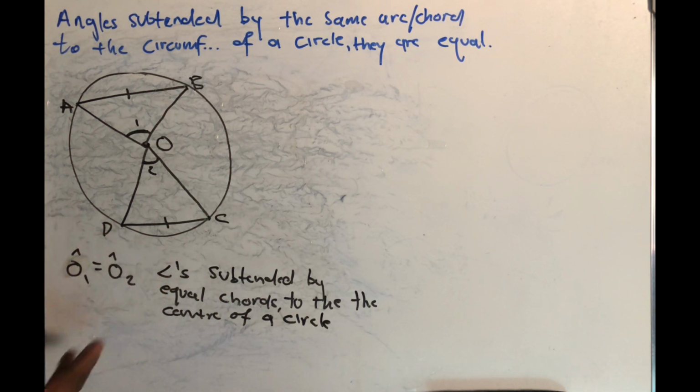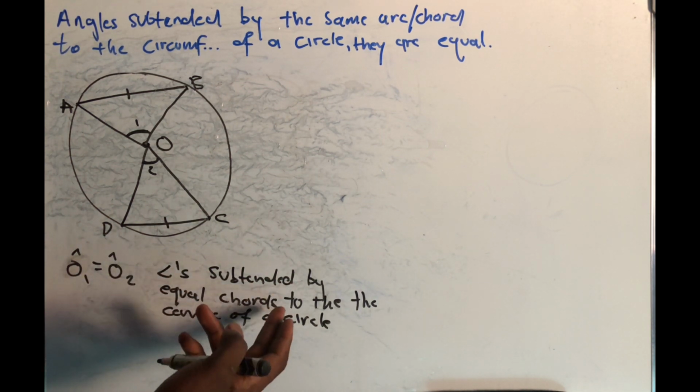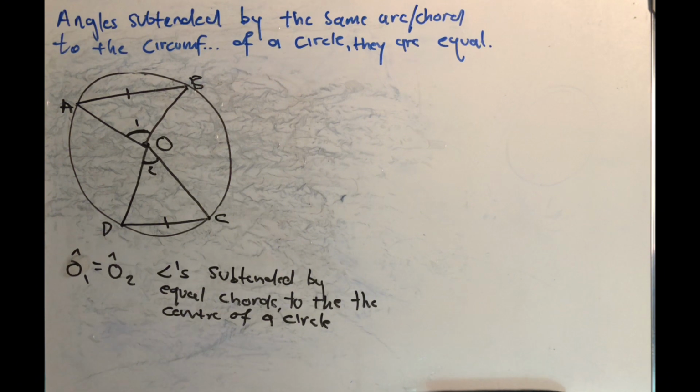So I can just simply say angles subtended by equal chords and end it here. Or if you have enough energy, you can continue and say to the center of a circle. But once you say angles subtended by equal chords, then we'll get what you mean.